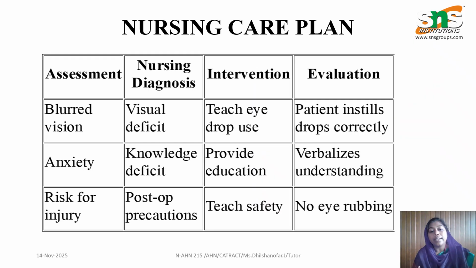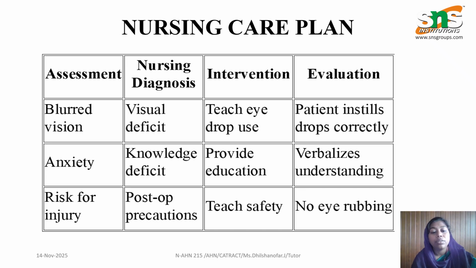Coming to the nursing care plan, the patient may face blurred vision. Due to this, visual deficit will happen. For intervention, we have to teach eye drop usage, because even after the surgery the patient might feel blurred vision. So teach how to use eye drop medications, and all the indications to use the eye drops should be taught.